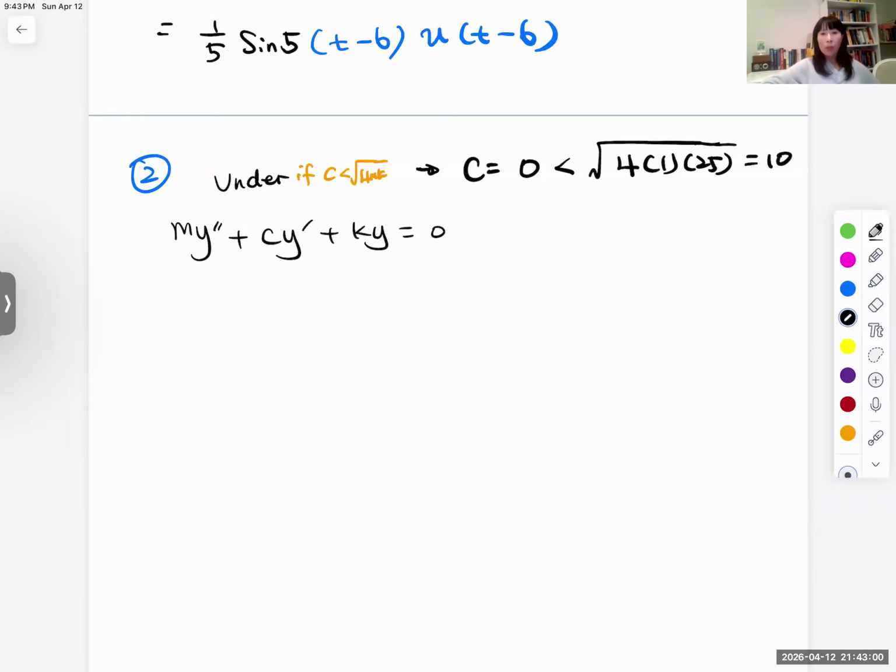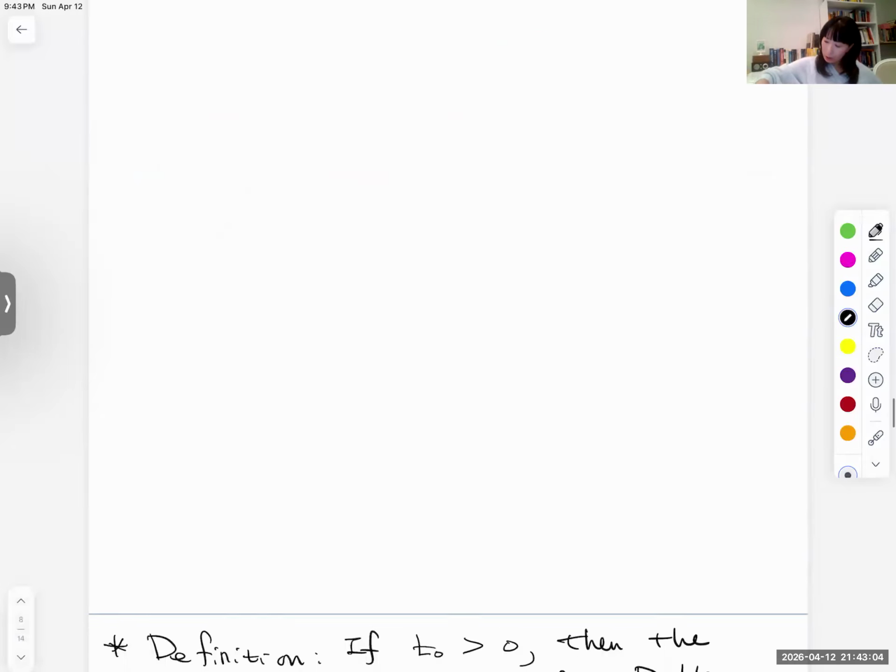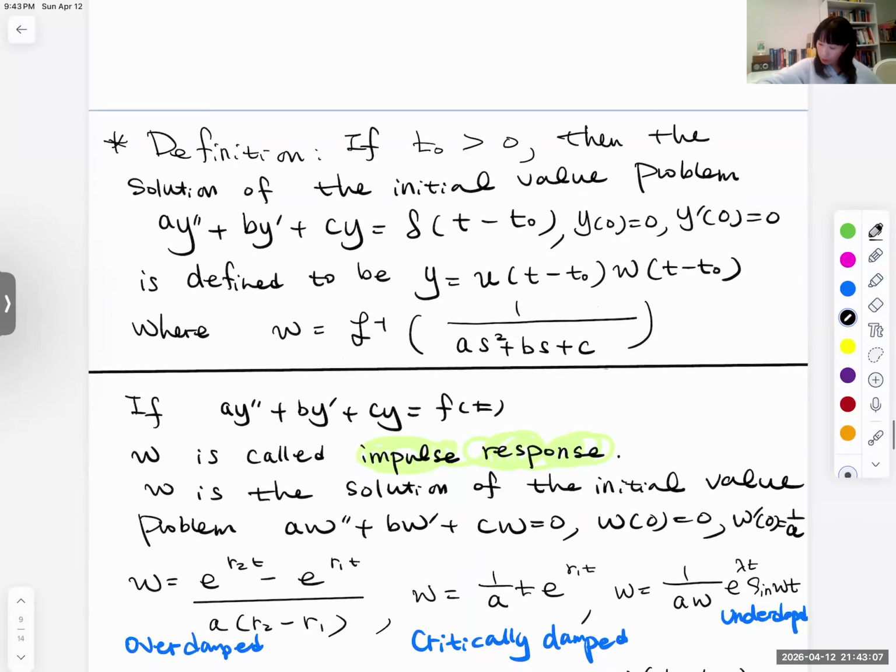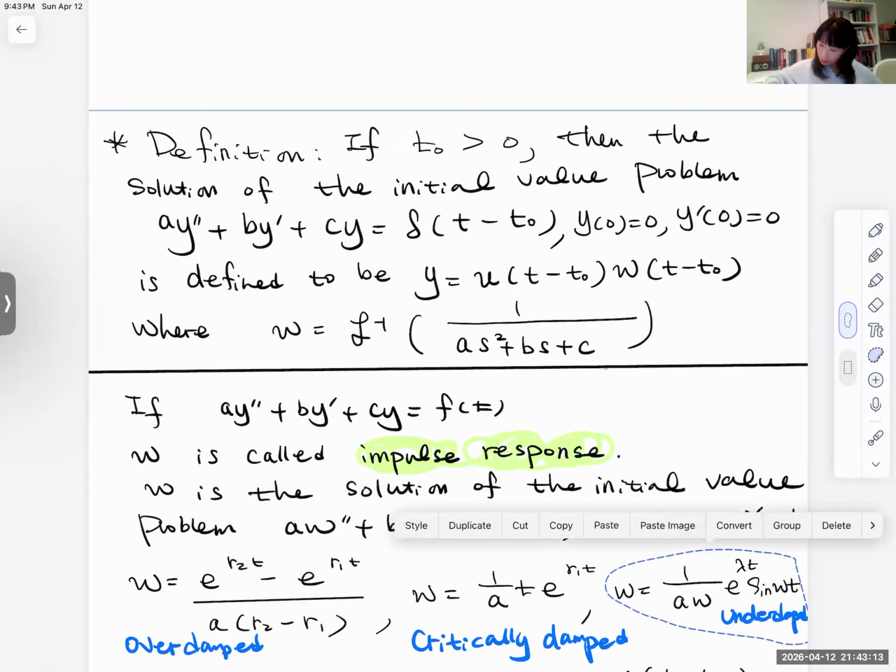Okay, so it's underdamped. Then we are using that equation, so omega equals that.